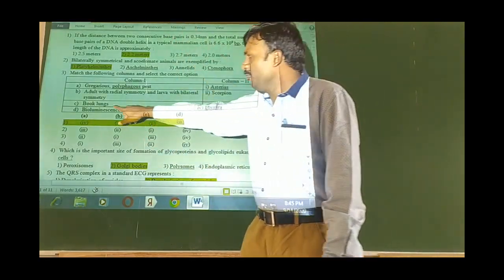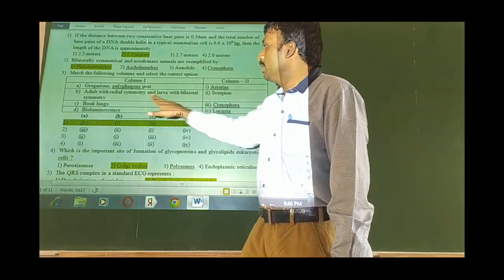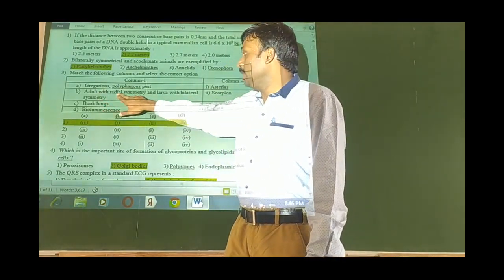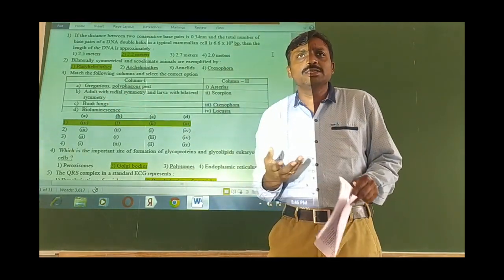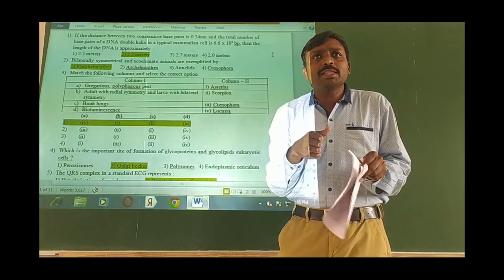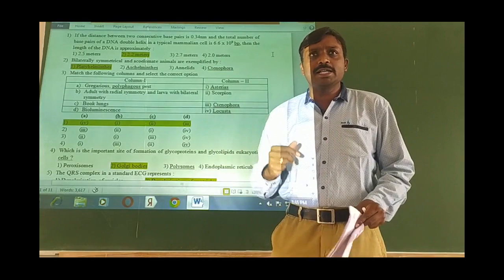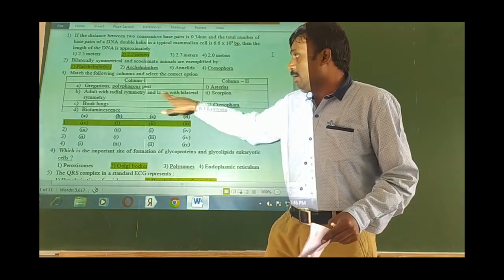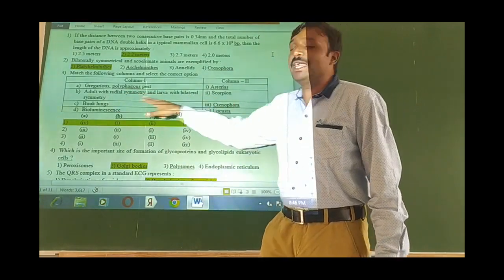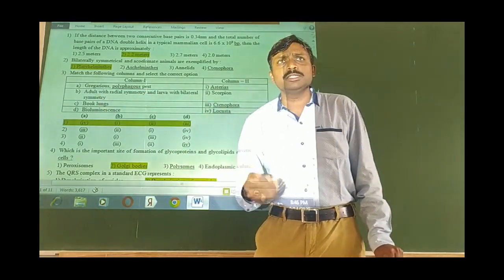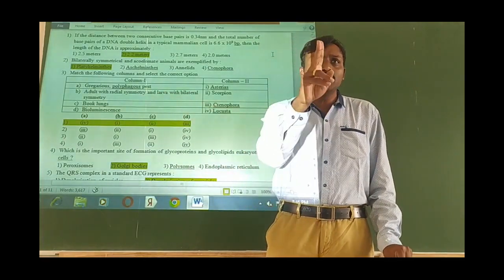If we go for the second one, adult with radial symmetry and larva with bilateral symmetry. In the adult condition it is radial symmetry, which means we can divide the body into two parts from any radius. And the larva shows some variation: bilateral symmetry, which means either vertically or horizontally we can divide that animal into two parts.